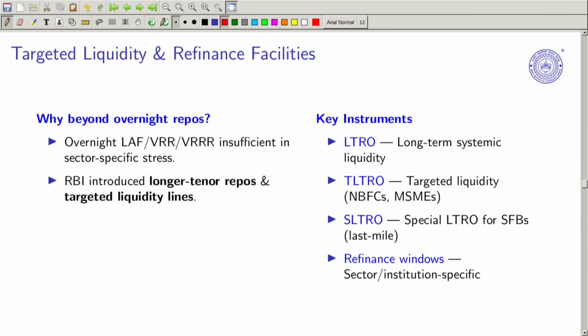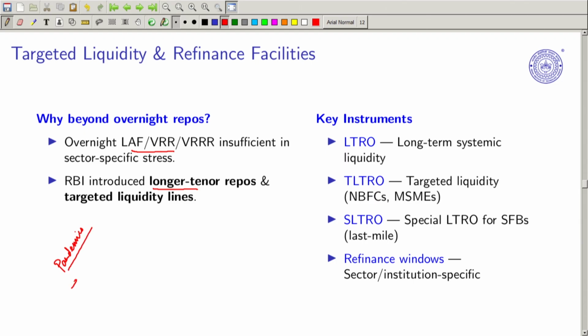Then we are looking at some of the new measures that we saw in recent years, and those measures really helped us understand. Here it is in terms of the overnight liquidity adjustment facility that we have already seen with repo and reverse repo. Then RBI, especially during COVID-19, during the pandemic, we saw some challenges were occurring.